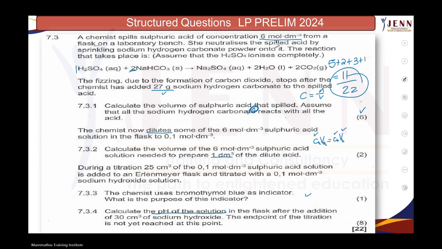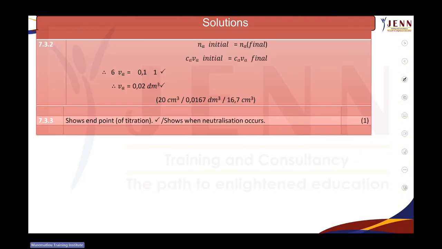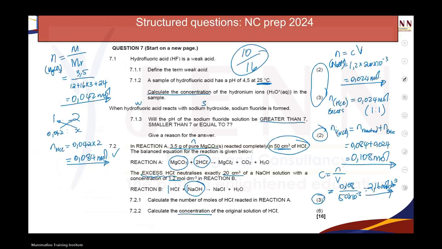Oh yes, so where they gave you pH and then you have to calculate concentration. Like this one, the one I'm highlighting right now. They gave us pH and then they want us to calculate the concentration of hydronium ions. I believe the pH was 4.5. There it is. Yes.